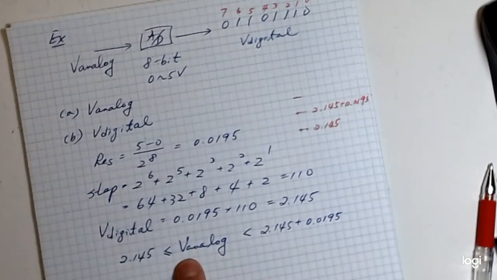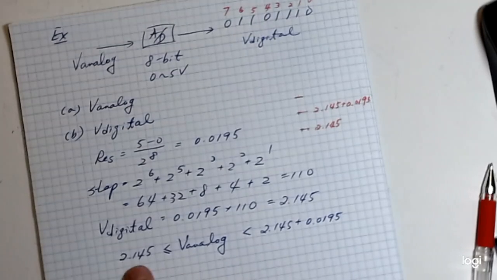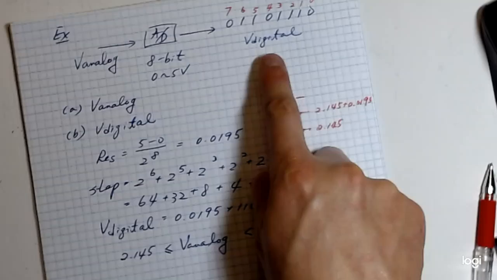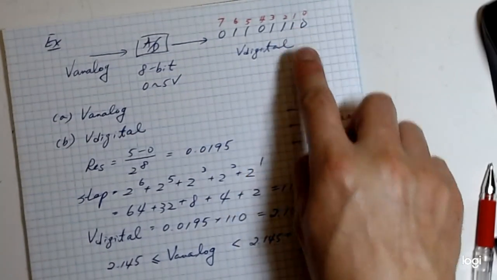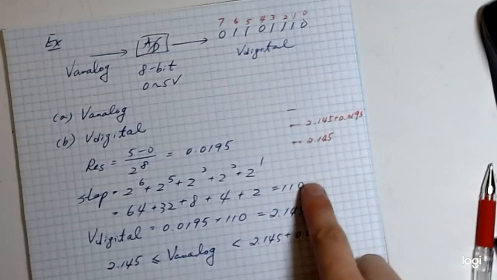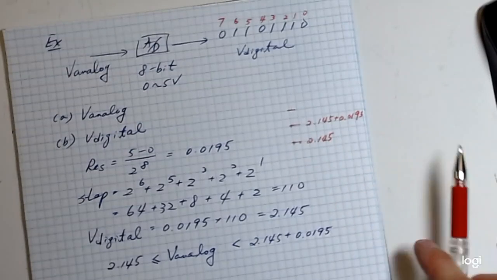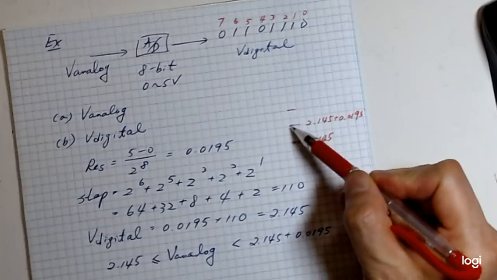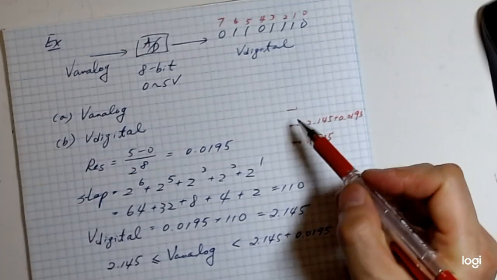Okay, again, analog voltage is continuous. It could be any number in between and give you the same digital voltage and binary number. And also digital voltage is discrete. In other words, it's one step only on the grid. From here, jump to the next one, jump to the next one. There's nothing in between.